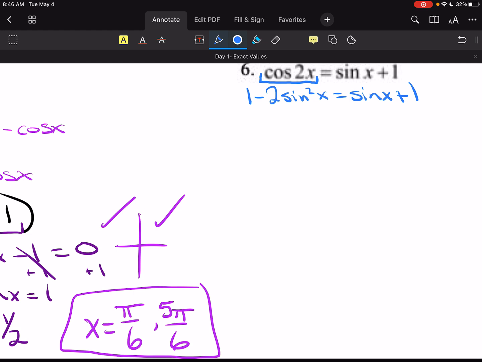Now, just like with quadratics, when you think back to solving quadratics, we always wanted the squared term to be positive. So I'm going to do the same thing here. I'm going to move everything to the right side to make that negative 2 sine squared x positive. So I would subtract the 1 and then add the 2 sine squared x.